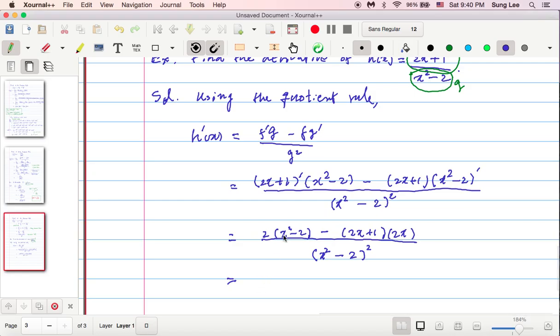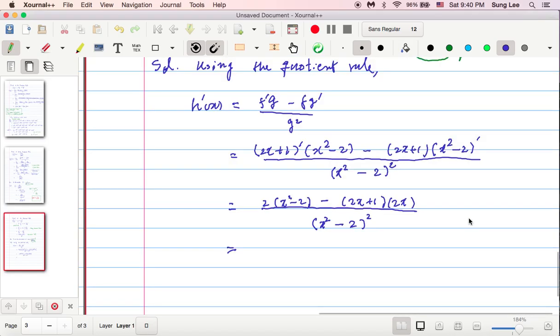Okay, so as far as the derivative is concerned, we're done, but I think we can simplify this a little further. So I'm going to multiply this out. I have 2x squared minus 4. Here, I have a negative 2x times 2x, negative 4x squared, negative 2x.